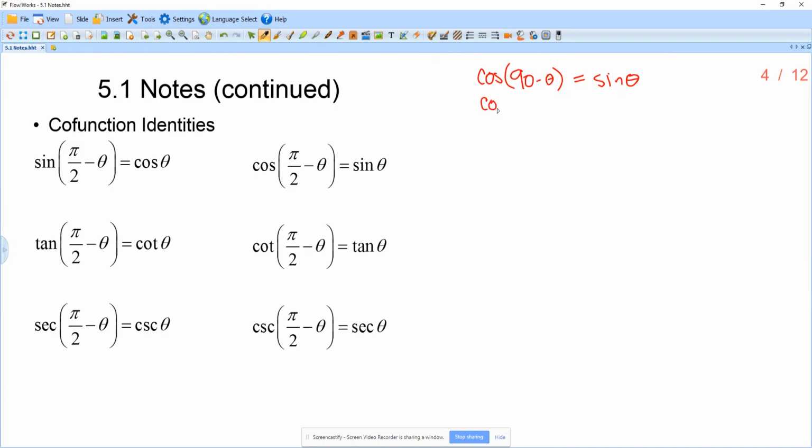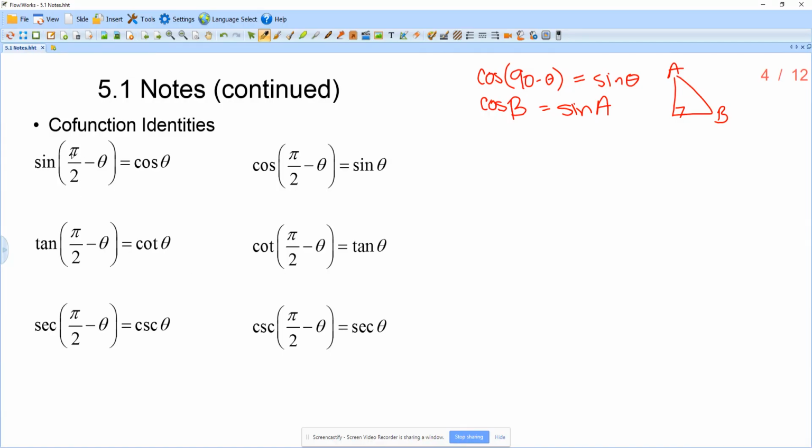You said that cosine of angle B is the same as sine of angle A. That's exactly what this is saying, because if we were talking about a right triangle, B was always 90 minus whatever angle A was. So that's what all of these are saying.